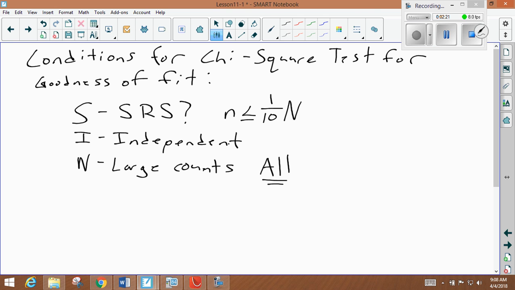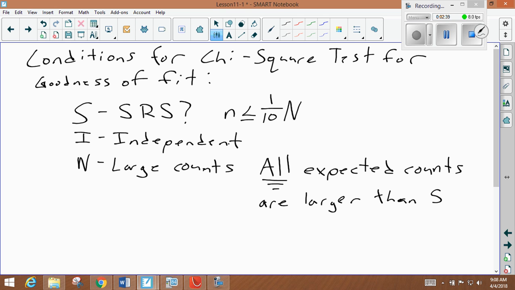All expected counts, we're going to triple underline that. All expected counts are larger than 5. So there we go. Those are the conditions that we need to meet.